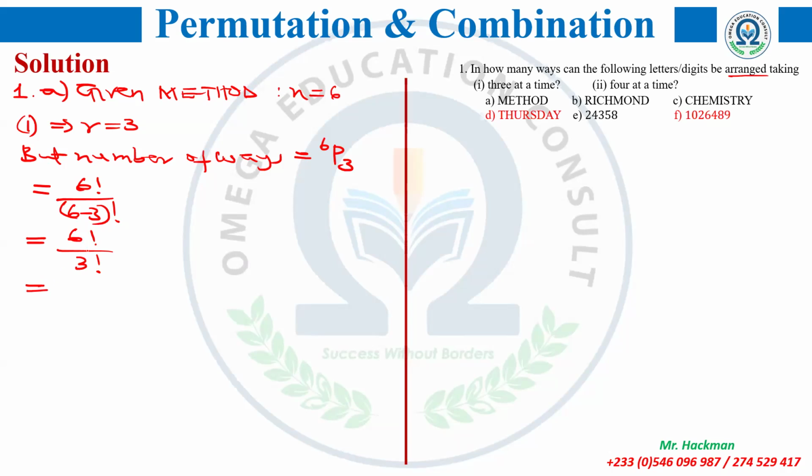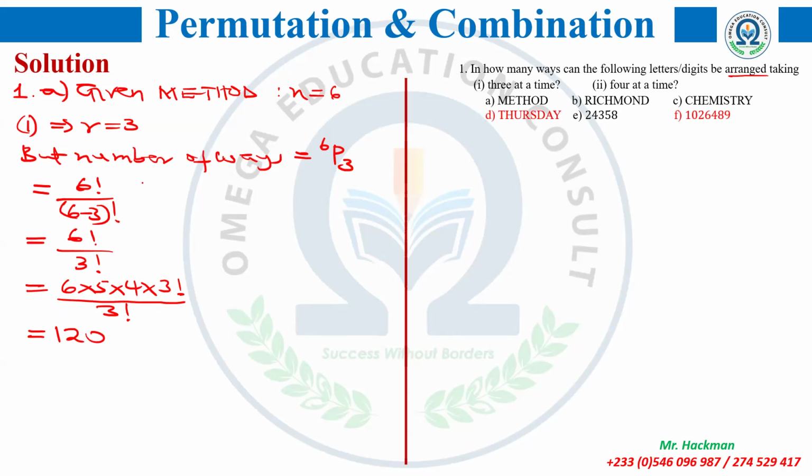We know how to simplify this, so don't use your calculator. This will give us 6 times 5 times 4 times 3 factorial over 3 factorial. Remember where we are coming from. So this in effect will cancel. You get 6 times 5, which is 30. 30 times 4 will give us 120. Okay, so 120.